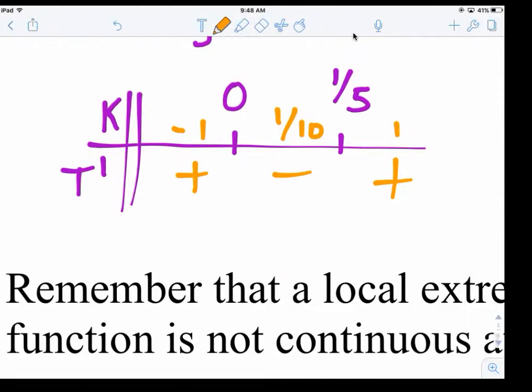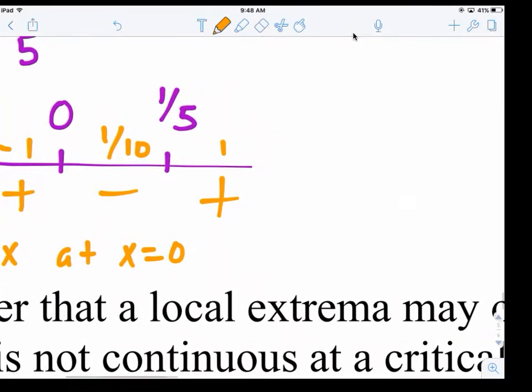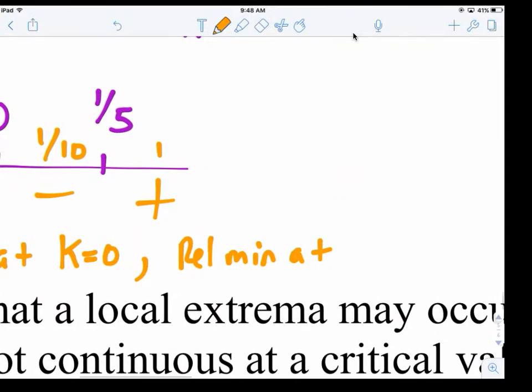All right, so you have a relative max at what? Relative max at x equals 0. And then you have a relative min at 1/5.